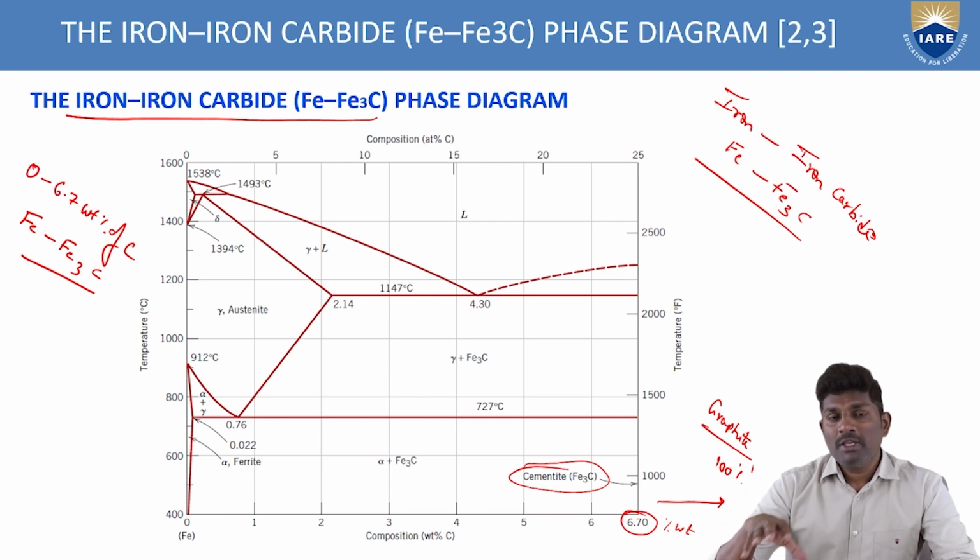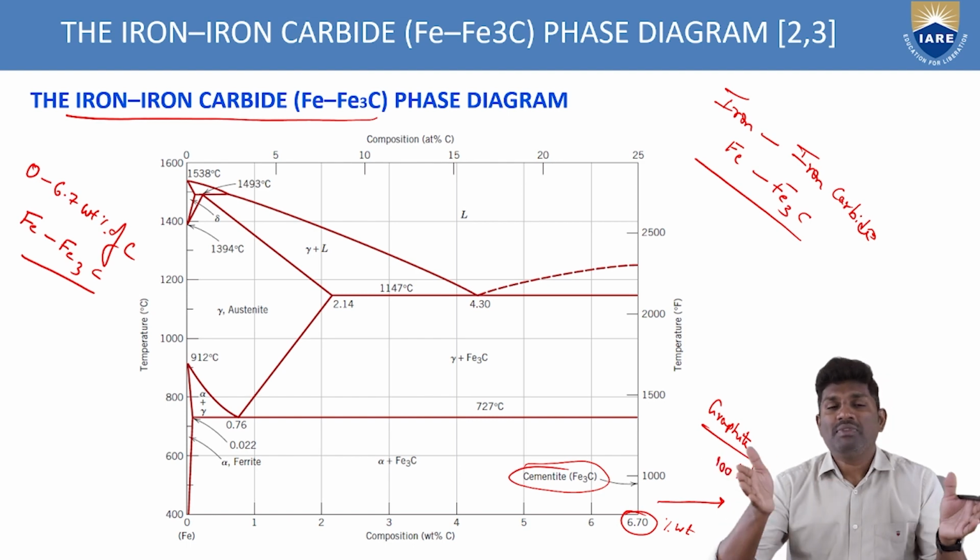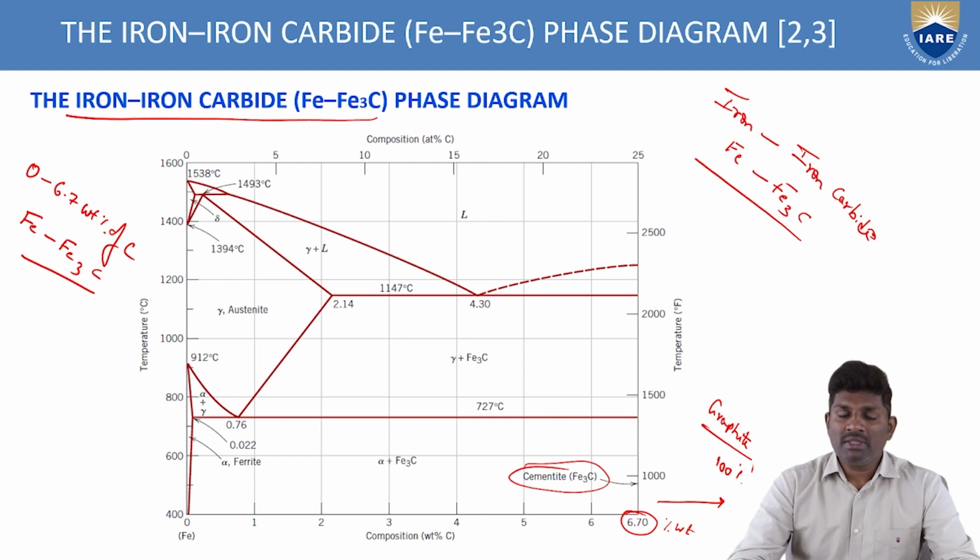diagrams only. Pure iron has two different types of crystal structures, and it is pure iron at the initial state of 0, and slowly, if you increase the percentage of carbon content, it is converting into graphite. So this is the development of the microstructures inside the material, what is happening with the rise in temperature or with additions of carbon content.